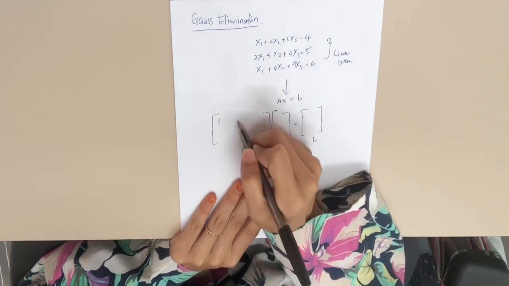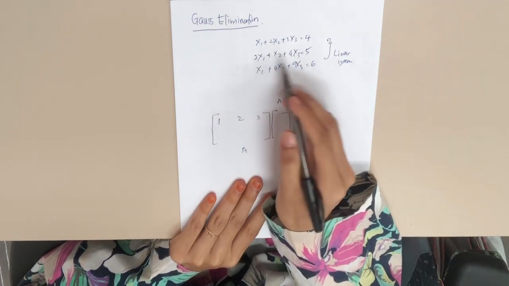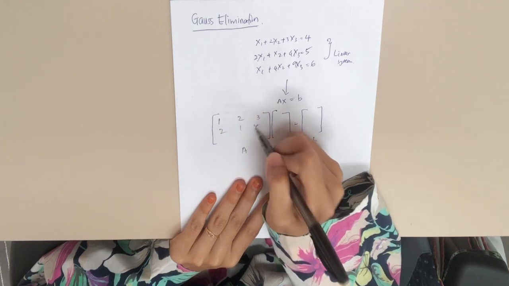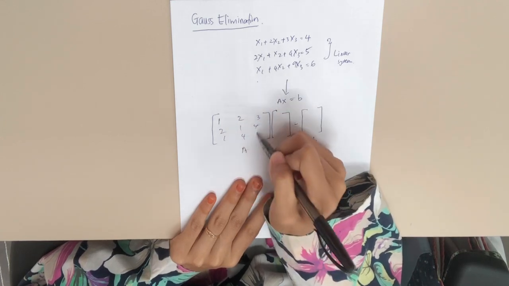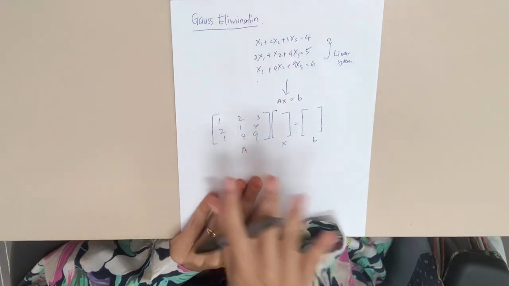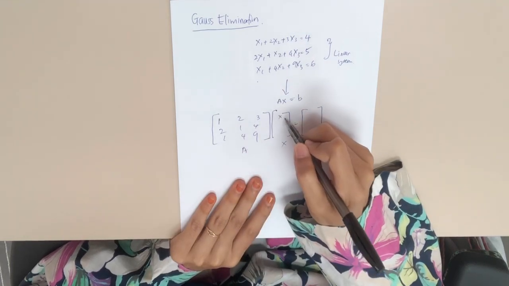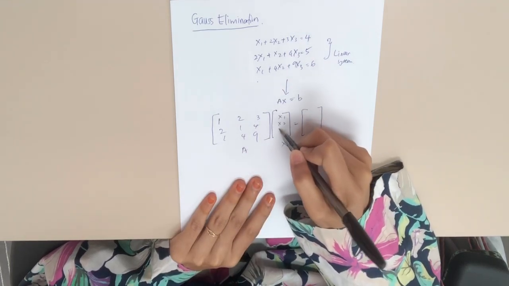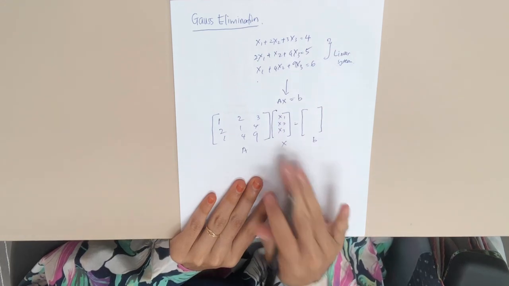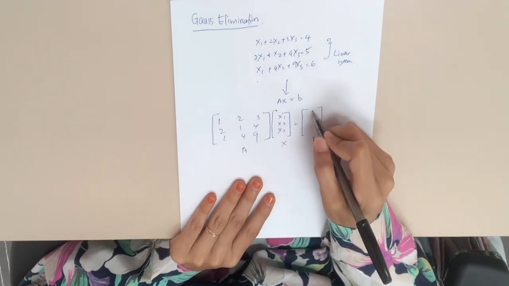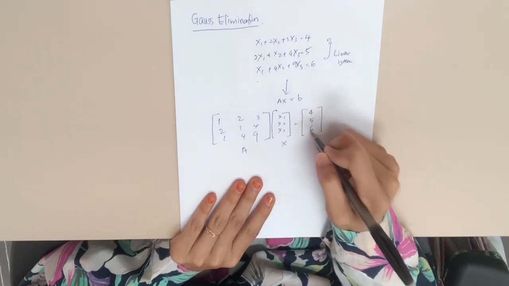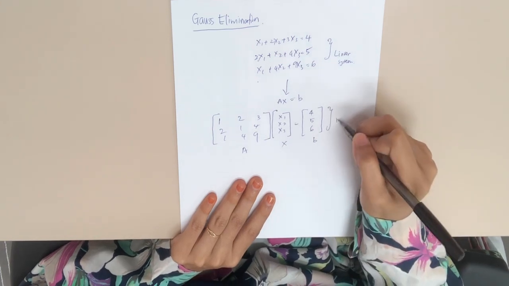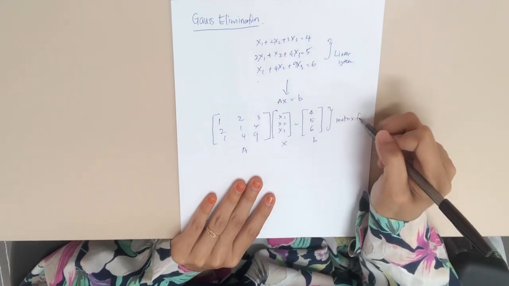Here should be 1, 2, 3, 2, 1, 4, 1, 4, 9. So this is matrix A. Matrix X is the variables, x1, x2, and x3. And B is the solution or the answer, 4, 5, 6. So this is what we call the matrix form.